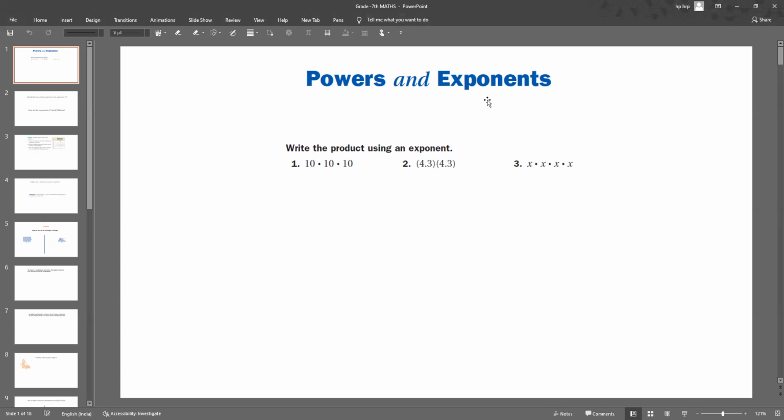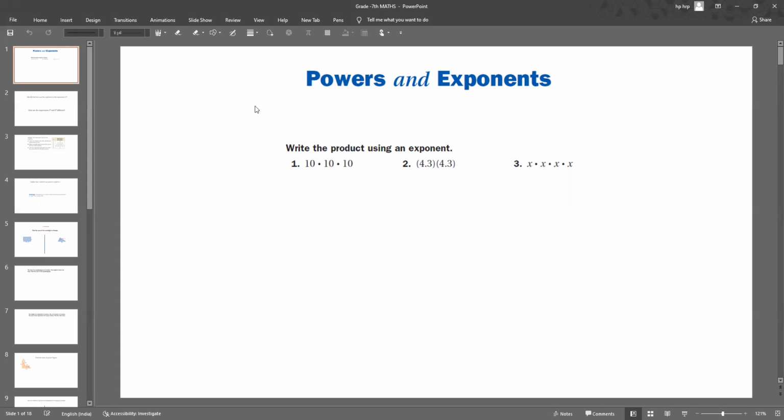So what do you mean by power and exponent? An exponent is a number, and if it's x to the third power, then it would be x times x times x.